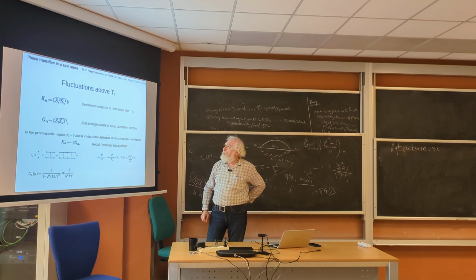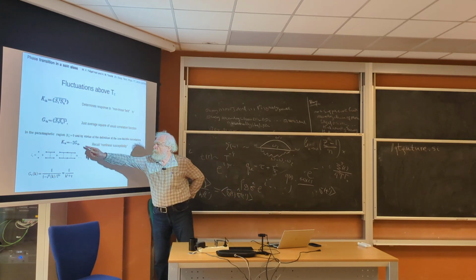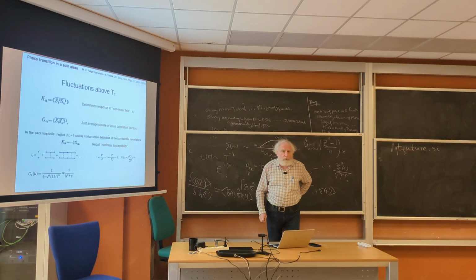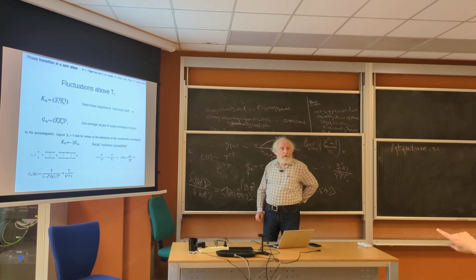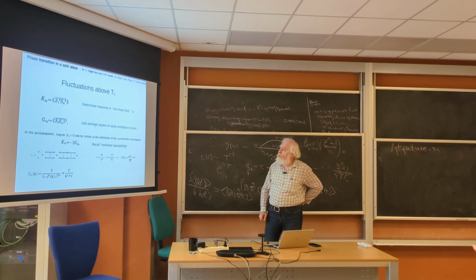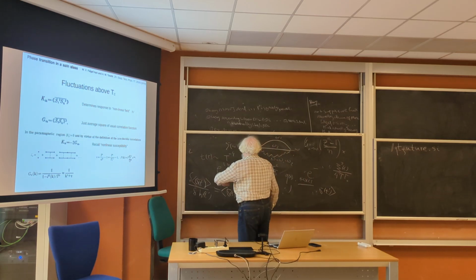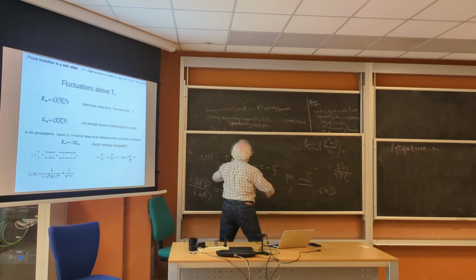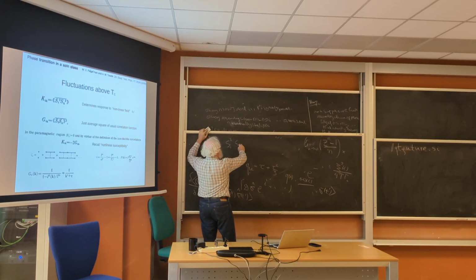Now, above Tc, they are related by a very simple formula like this. If we write down all these terms in the irreducible correlation function... Yes, here this bar on the top means averaging. Look, for example, Si squared, Sj squared, irreducible correlation function.